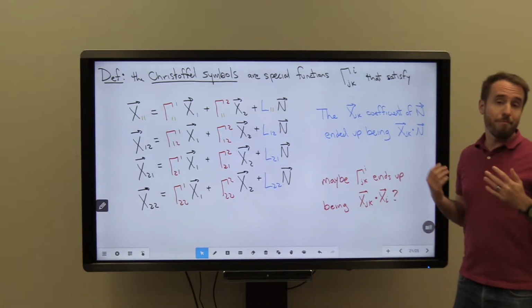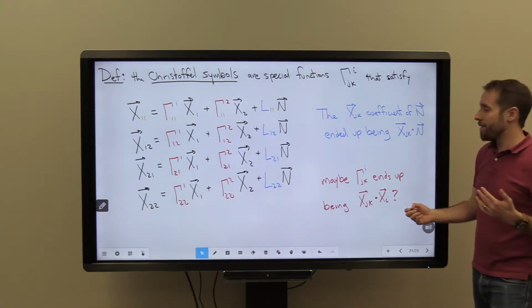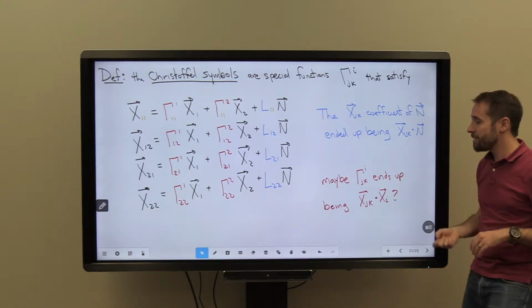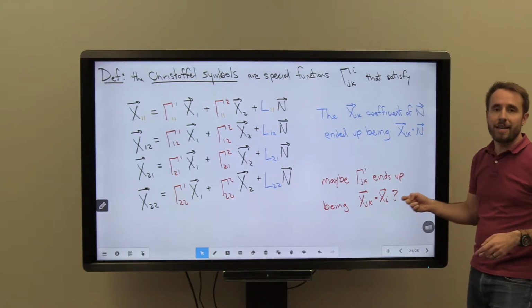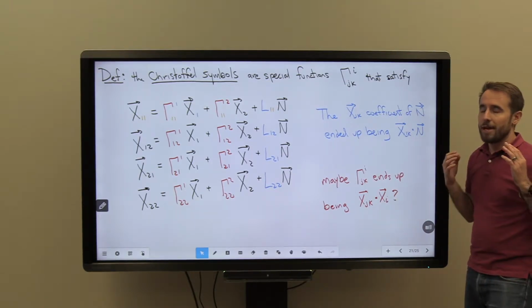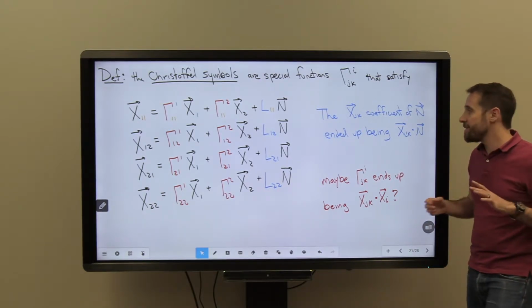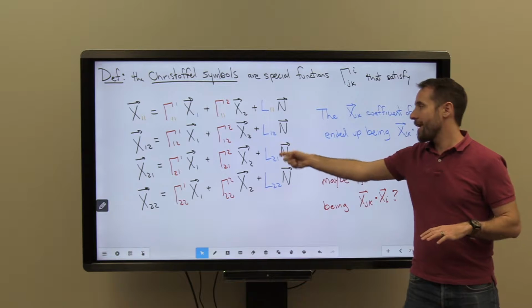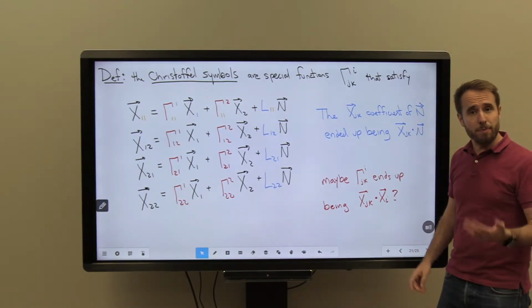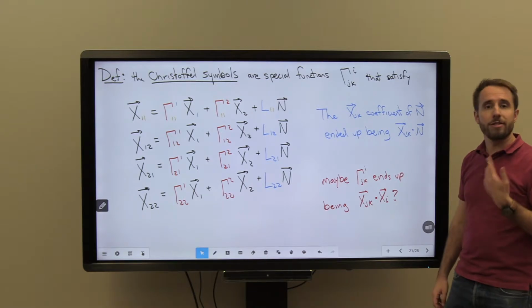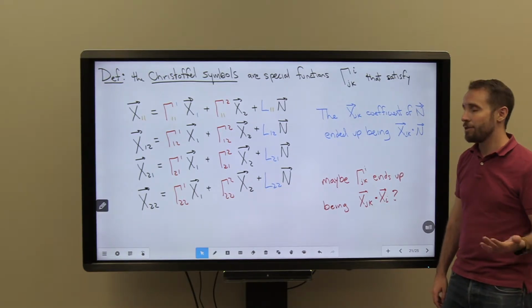Is it the case, maybe, it could be the case, that each of these other coefficients, the gamma ijk's, end up being just x sub jk dotted with x sub i? And unfortunately, that is not the case. The reason that L, our second fundamental form, ended up being the correct coefficient is sort of special. It's because our normal vector is actually perpendicular to both x sub 1 and x sub 2.